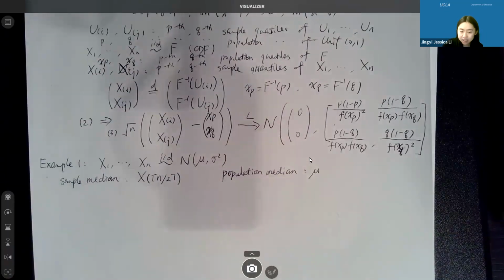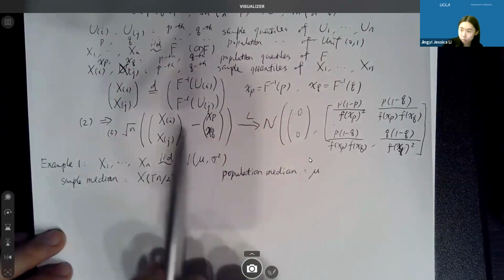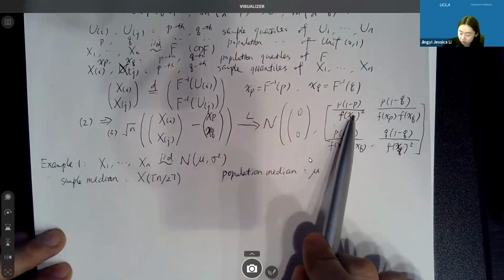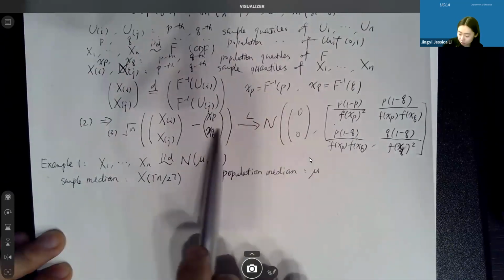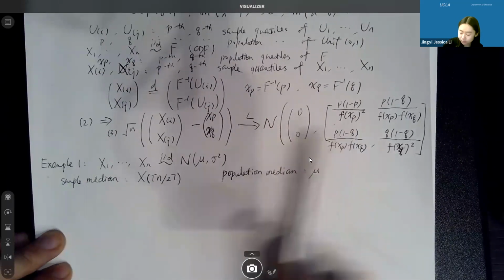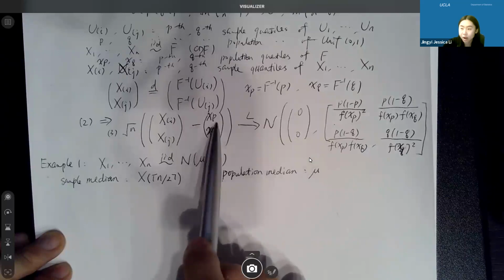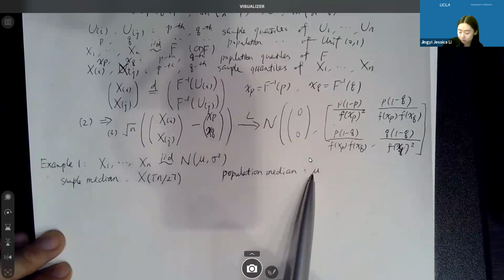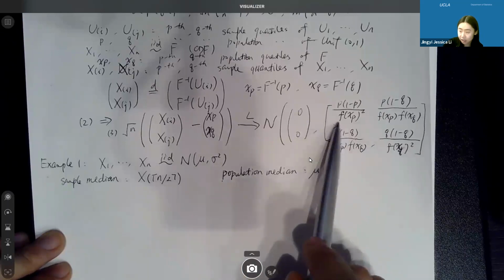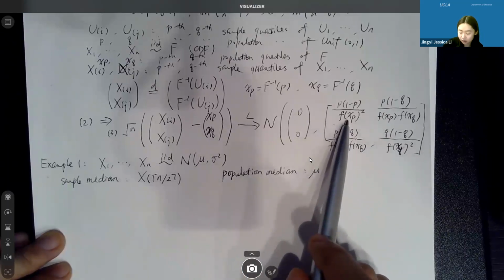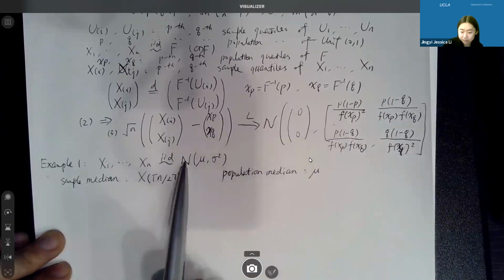So what's the distribution of the sample median around the population median? Let's directly apply this result. So to get this result, now we know xp. So here p is 1/2, right? It's the median. So xp, we know it's mu. Then what's f of xp? What's the density value of this distribution at the median?